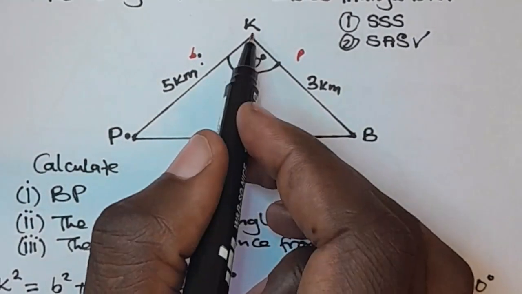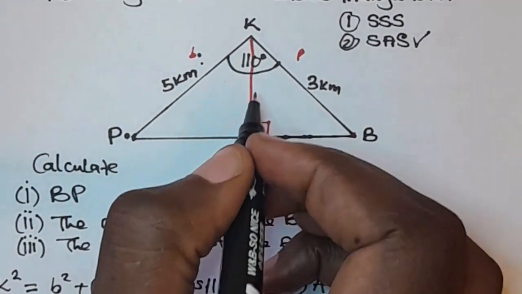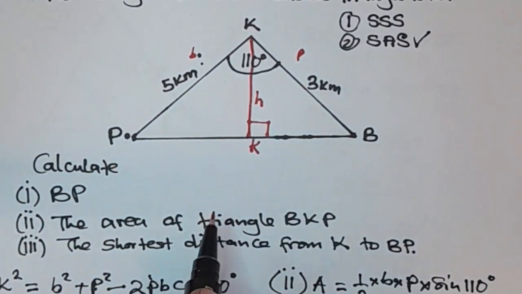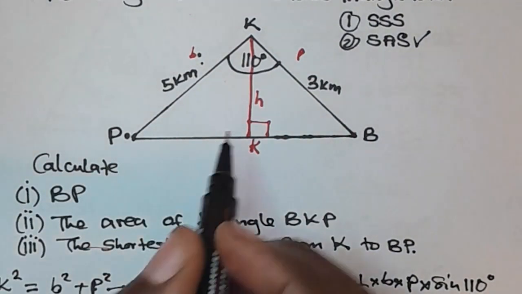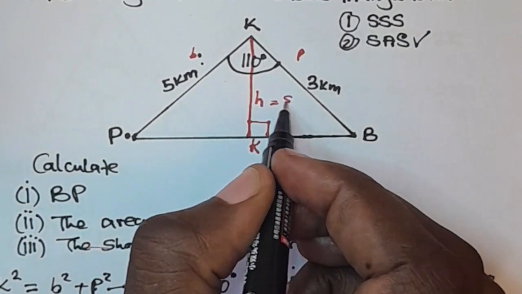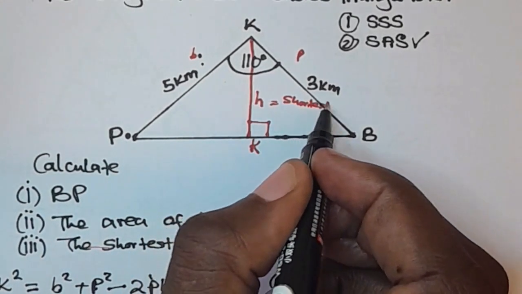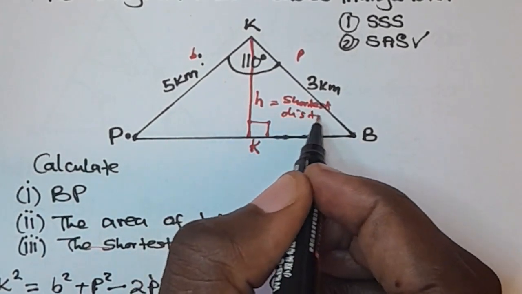So meaning now this is the height. Okay? So this is the height. In other words, when they are asking you to find the shortest distance, it means they're asking you to find the height. So the height is equal to the shortest distance.